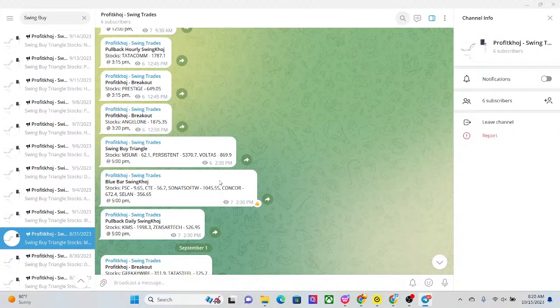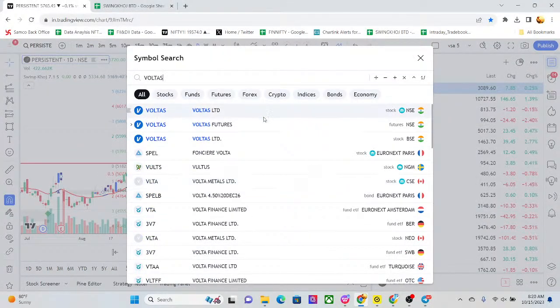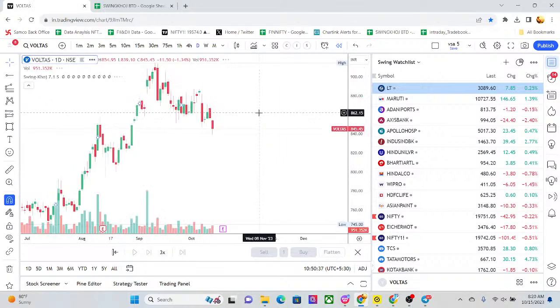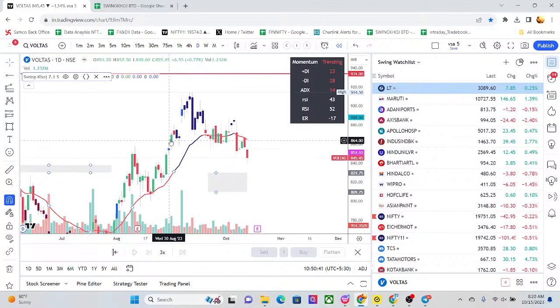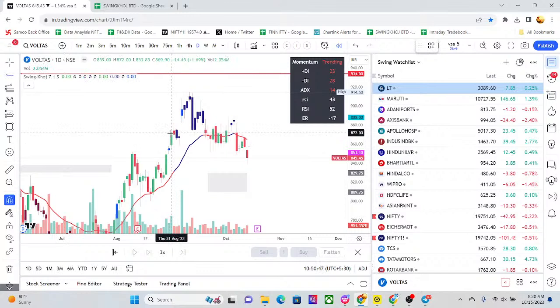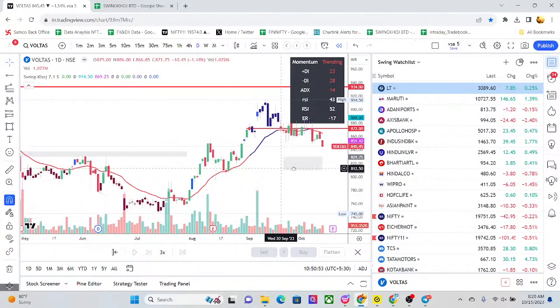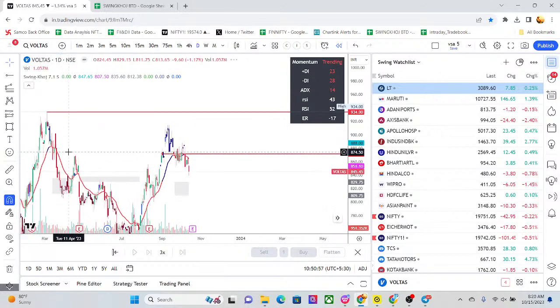Voltas, 31st August. See, this is the 31st August candle. Mark the high. Here also you can see there is no indication, but it has come in our scanner. So I have marked the resistance here, right?